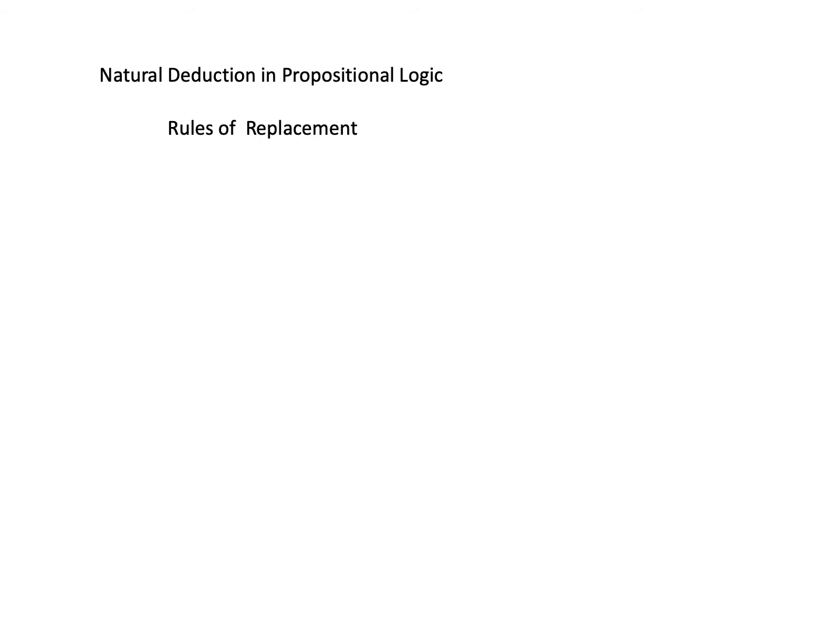So, for example, our first rule of replacement is called De Morgan's rule. If you look, you'll see the 4 dots in the middle. What that's telling us is that what's on the left side is saying the same thing as the right side.